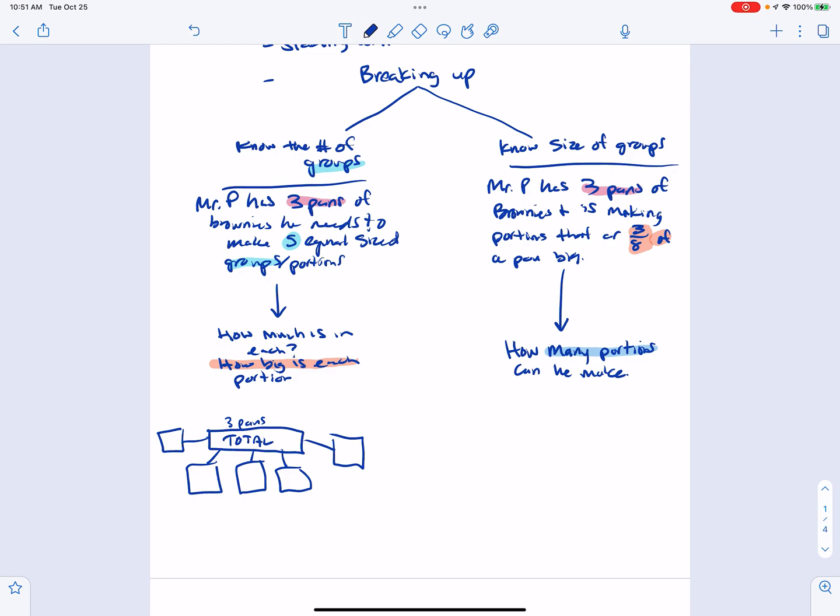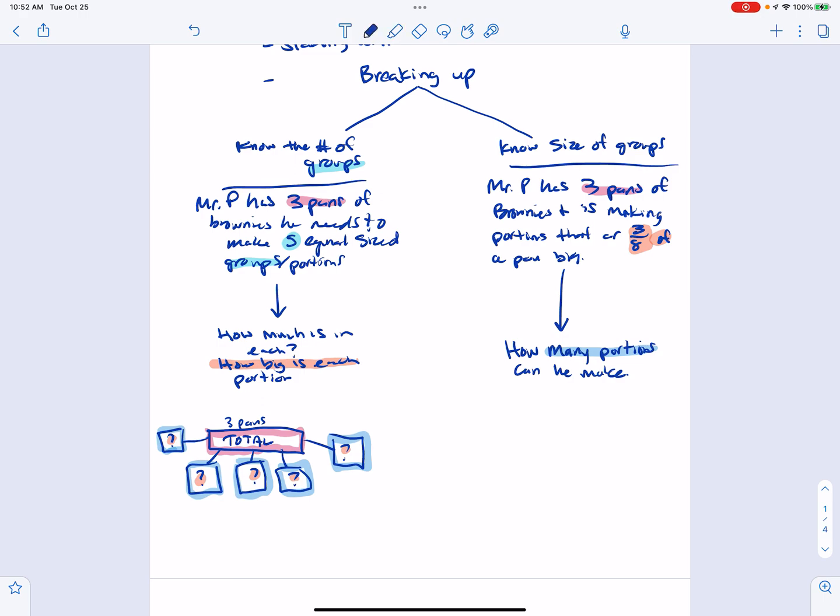And so we want to know how big is each group. So if I were to color code these, here's our number of groups. Here is our total. And then the amount in each is going to be in there.